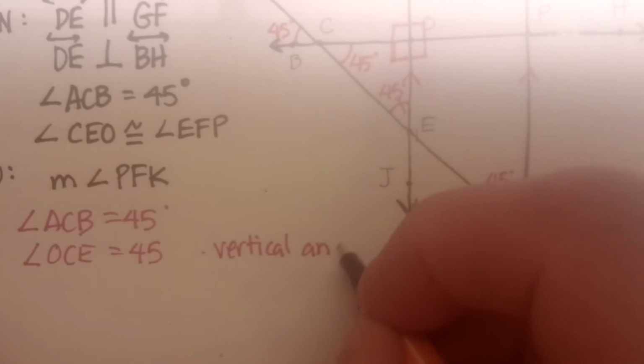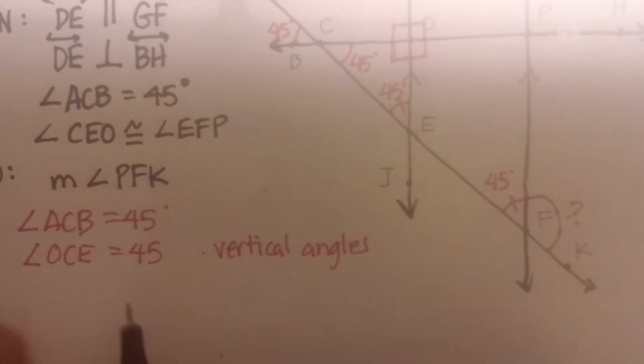Okay. Now, I could have probably said this a little bit better. I could have said angle ACB is congruent with angle OCE, and then I would have just said, therefore, angle OCE is 45. But I skipped a sentence here is what I actually ended up doing.